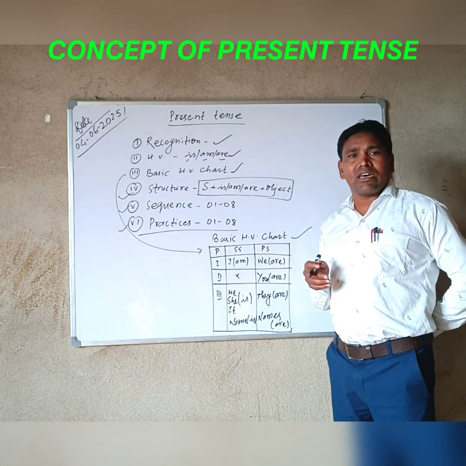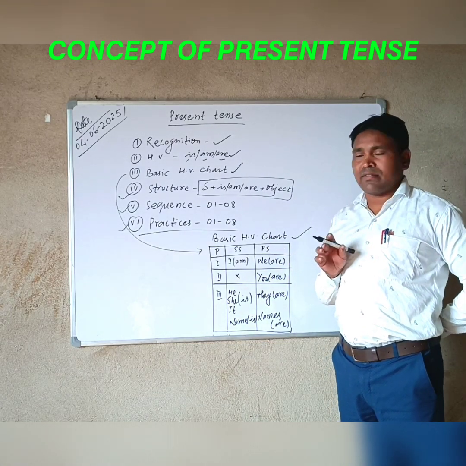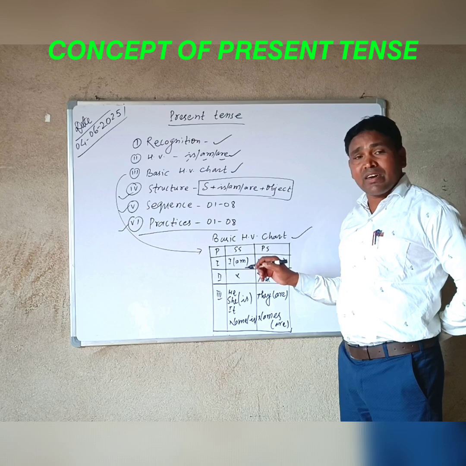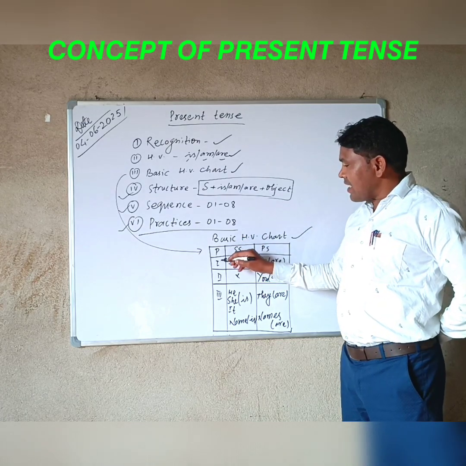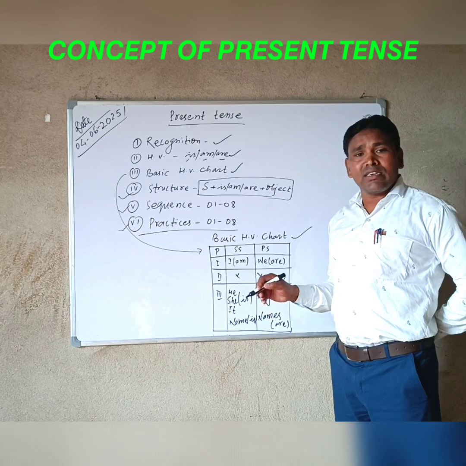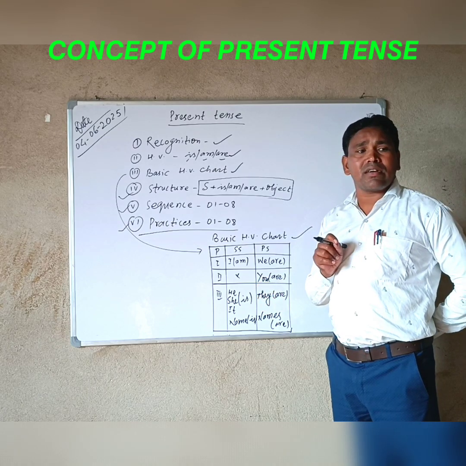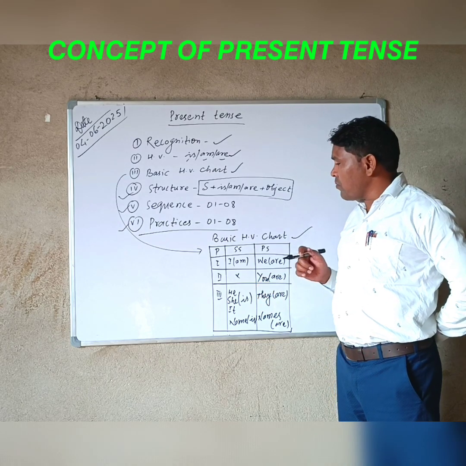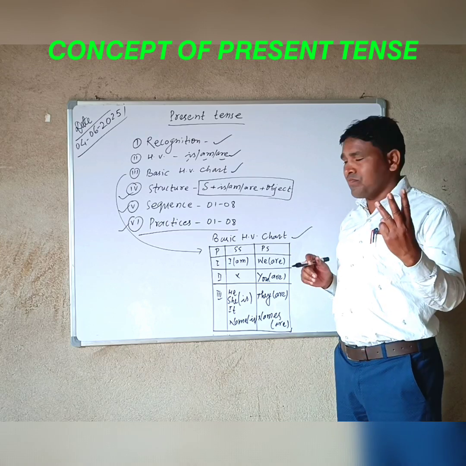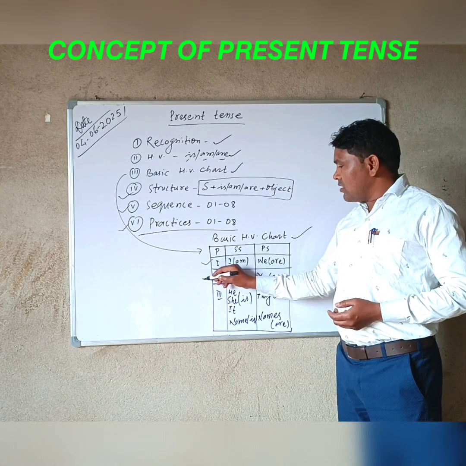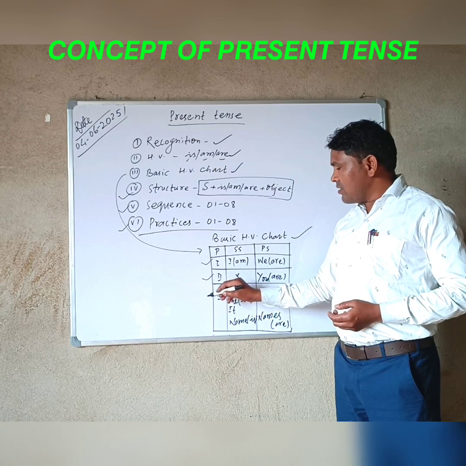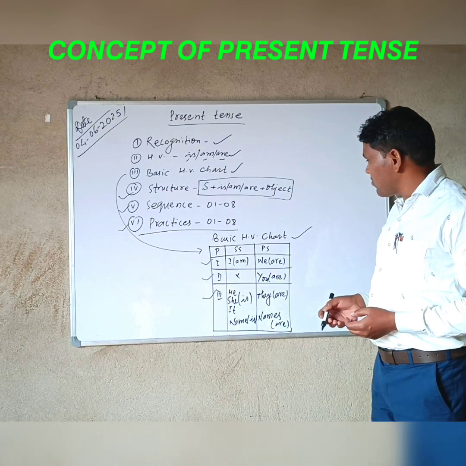Here in the basic HB chart, there are two things. First is the person, and second is the subject. This is the section of person. And just listen everyone, for your information, there are 3 kinds of persons: this is the first person, this is the second person, and this is the third person.